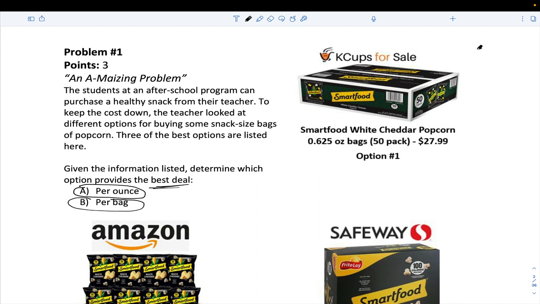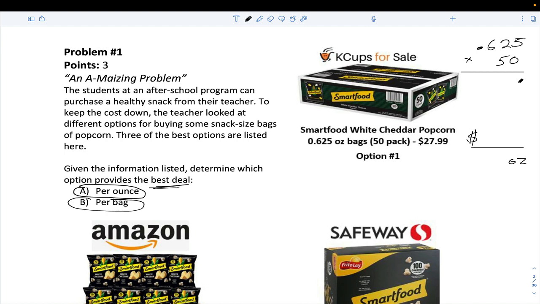So I'm going to multiply that to find how many total ounces this container of 50 would get. And then once I have the total ounces if you combine 50 packs, I'm going to take the total amount of money I would have to pay and divide it by the ounces.